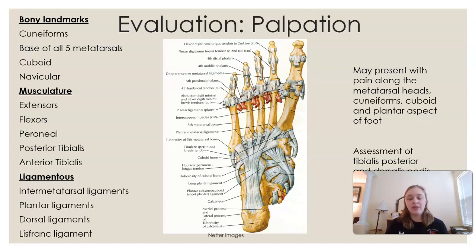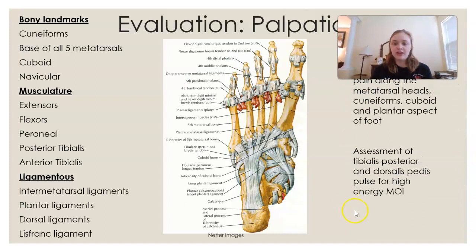For a patient who may be experiencing a LisFranc injury, they may have more tenderness to palpation along those metatarsal heads, also along those 3 cuneiforms, along the cuboid, and just generally over the plantar aspect of the foot. And with palpation, we can assess the pulses. So we can assess the tibialis posterior and the dorsalis pedis pulse, especially for those high energy mechanisms. We want to make sure that there was no neurovascular damage.